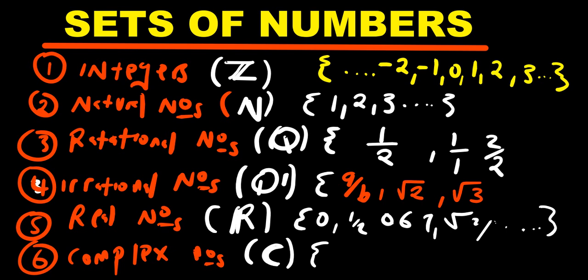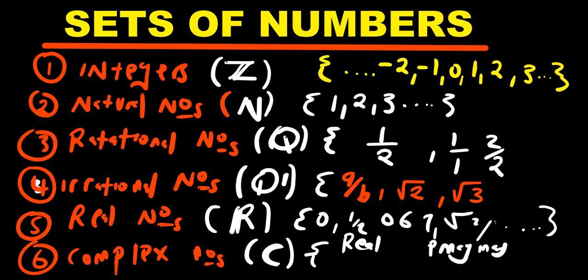Videos have been done on all these sets of numbers. There are videos both on the drive and on YouTube. Just search Novaston Academy sets of anything that you need to understand on this list. Videos will come. So complex numbers have got a real part and an imaginary part.